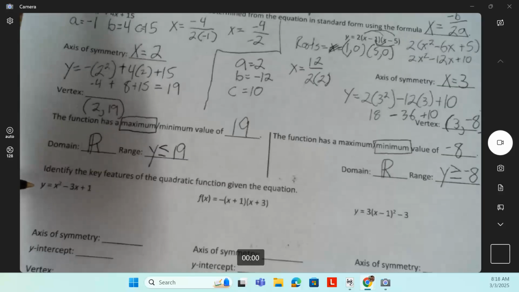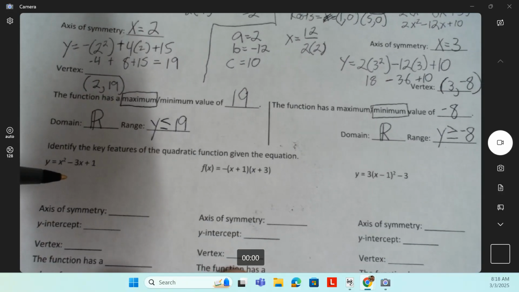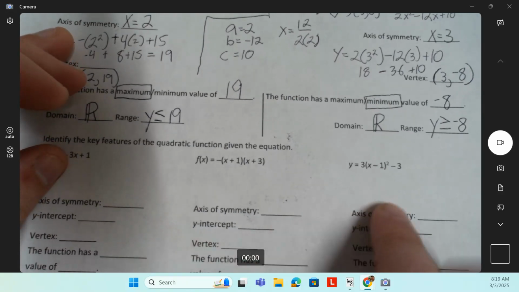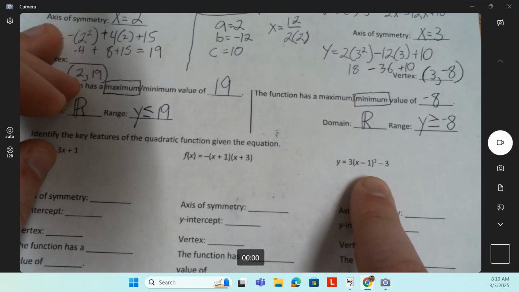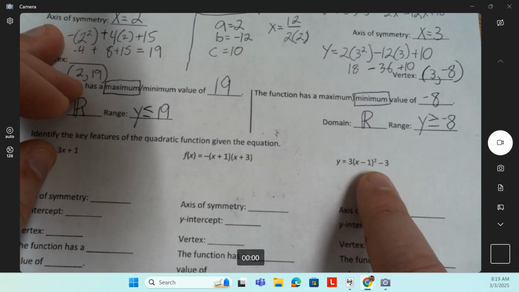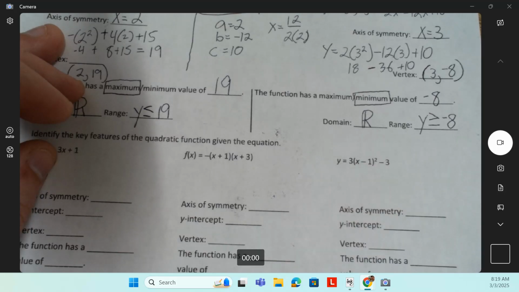Okay, so as you look, we've got a couple of examples down here. This is a form we probably won't talk about until you get up into Algebra 2. This is actually a vertex form that can tell you the vertex just from what it looks like here. It'd be +1, -3.